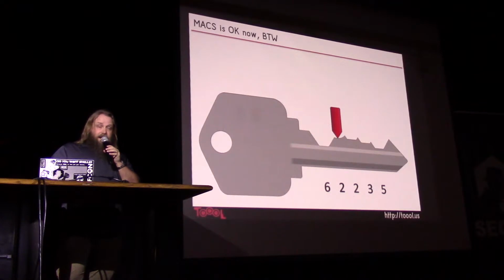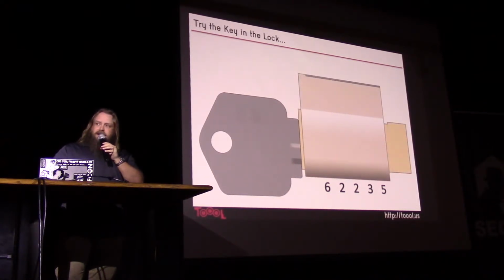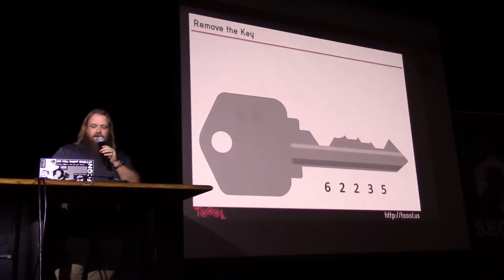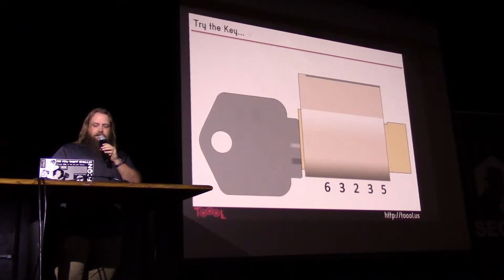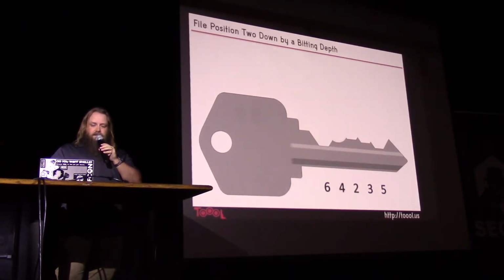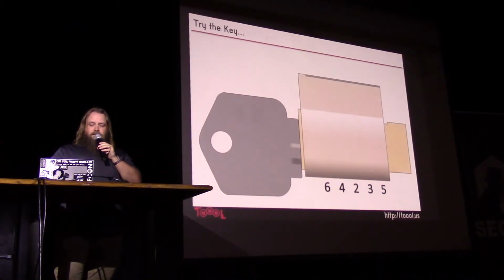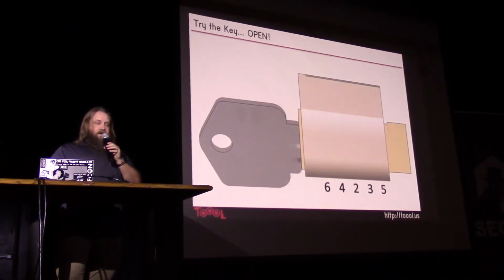Now our max is okay. We're going to try the key in the lock. Nope, still doesn't work. We pull it out, file down a little bit more, try the key, and it doesn't work. Remove the key, file it down some more, try the key, and it works.